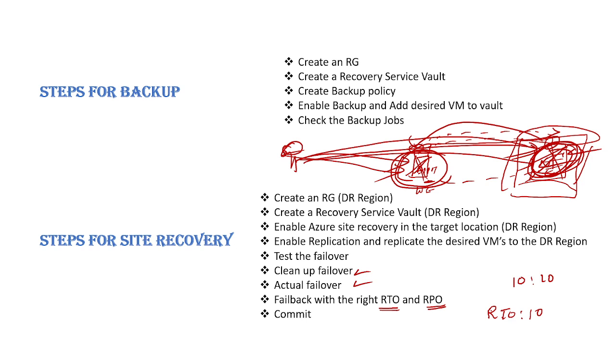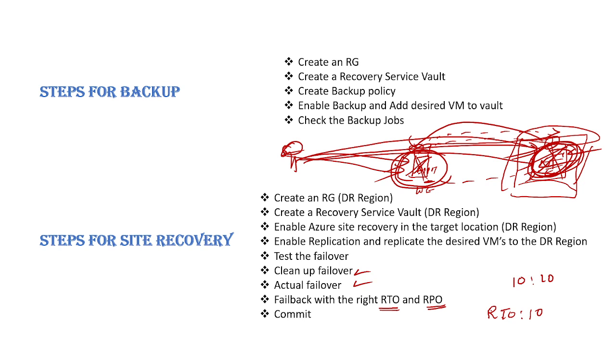Just go through it, this is a little confusing, but you should know RTO means recovery time objective and RPO means recovery point objective. RTO is how much time you need to restore back, and RPO is how much data I am losing.